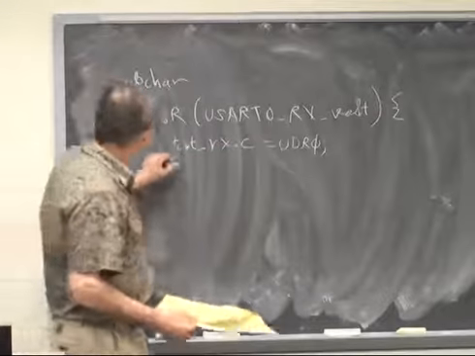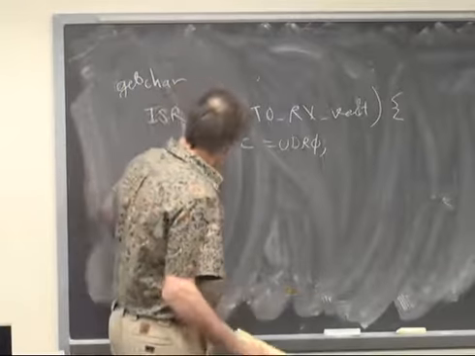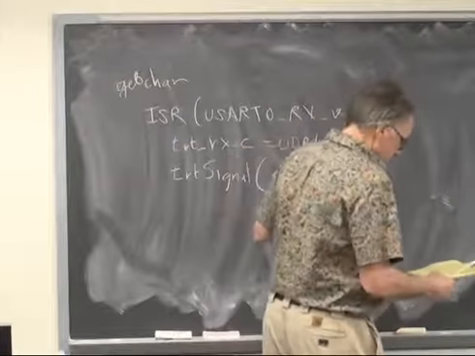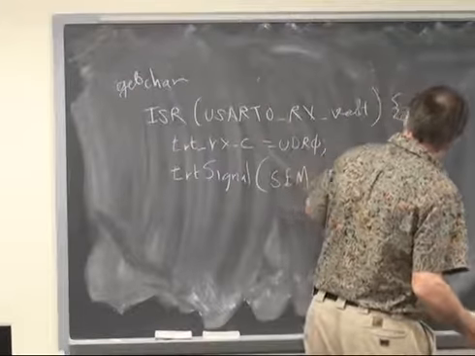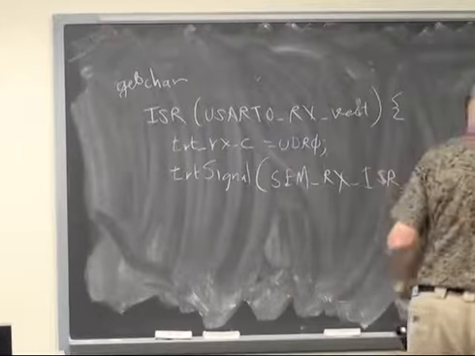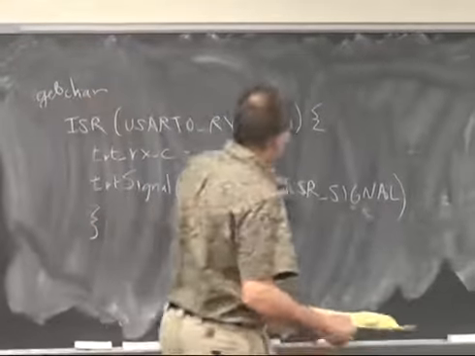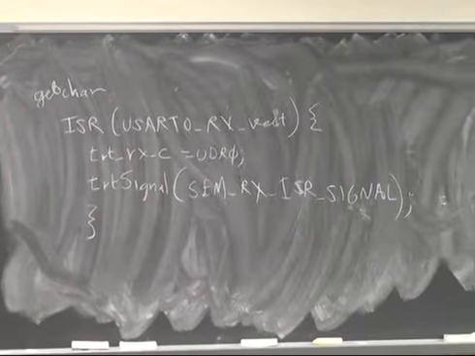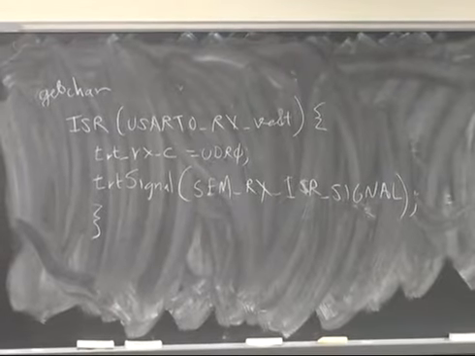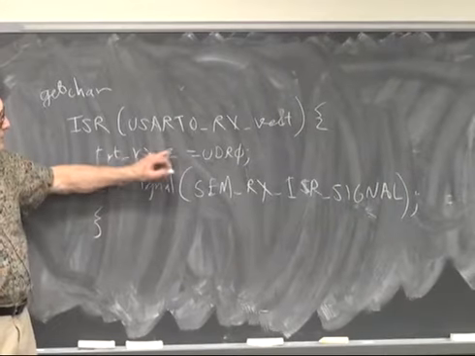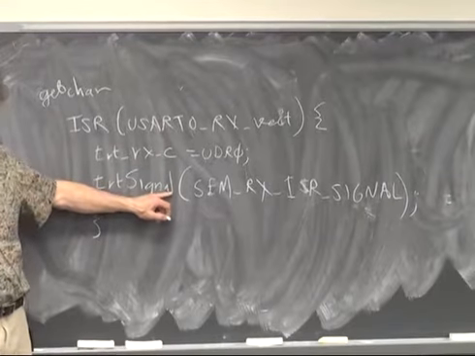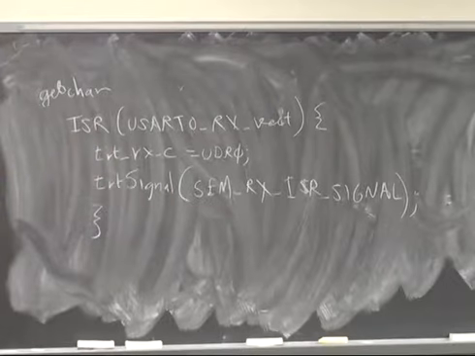So we receive the character, and then we're going to do a TRT signal to some semaphore, SEM_RX_ISR signal, which is going to indicate to the kernel that an interrupt has occurred, the data in RX_C is now valid, and the task which called getChar, in other words, the task which is waiting for user input, can now proceed.